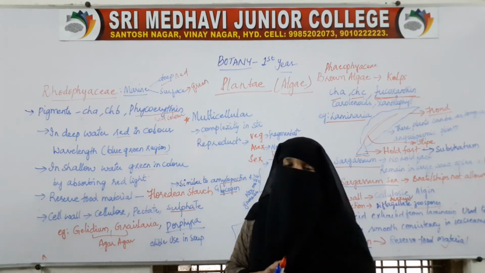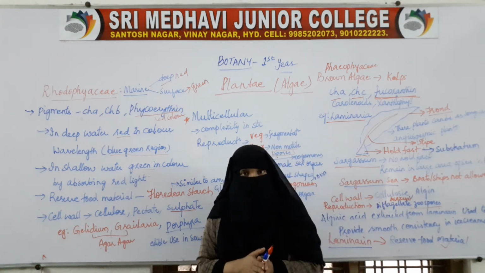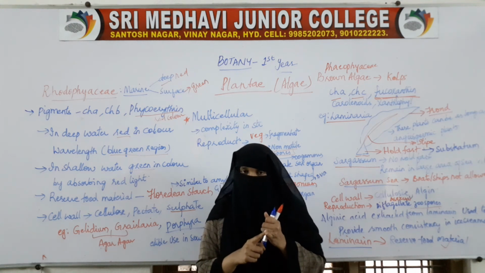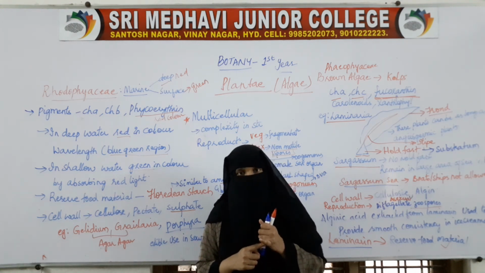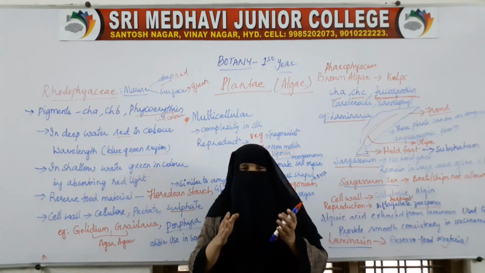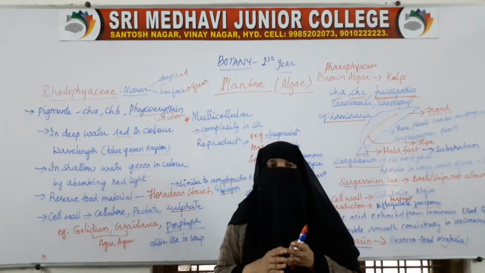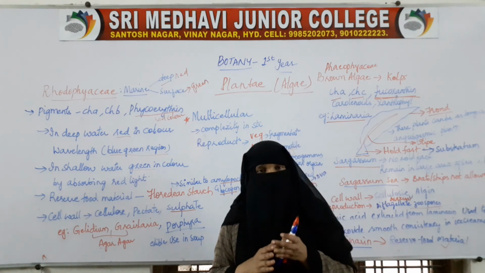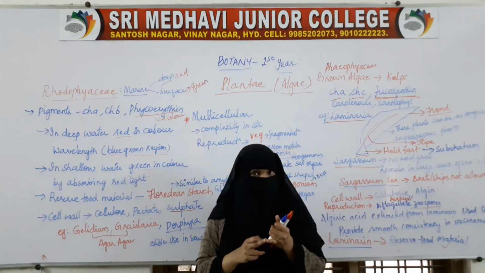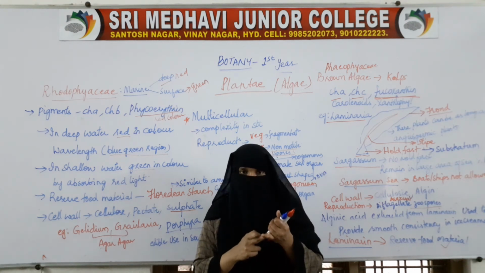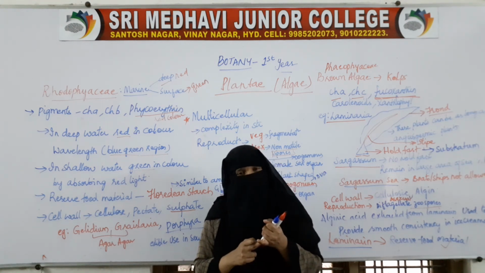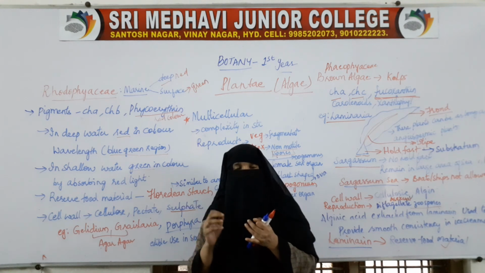These are the different groups which we have studied in algae: Chlorophyceae, Rhodophyceae and Phaeophyceae. The important thing is the presence of pigment. Asexual reproduction is by spores, sexual reproduction is by formation of gametes, and vegetative reproduction is by fragmentation, almost the same but with a little difference.